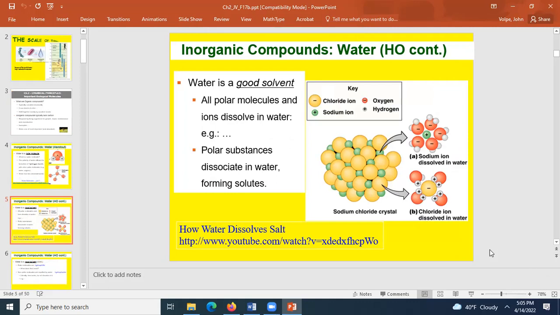And as I stated already, many living organisms are mainly composed of water. Water is not an organic molecule. It is an inorganic molecule, but organic living things are mainly composed of water.